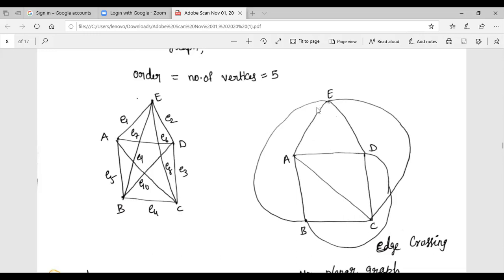So we check whether it is possible to draw the edges without crossover.